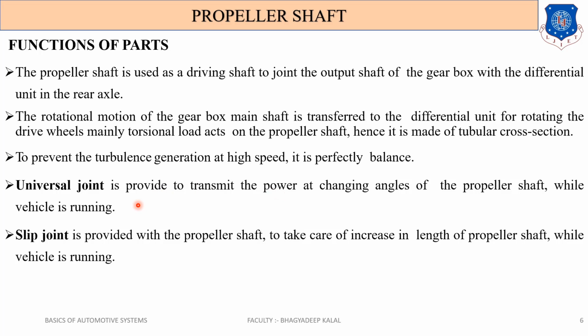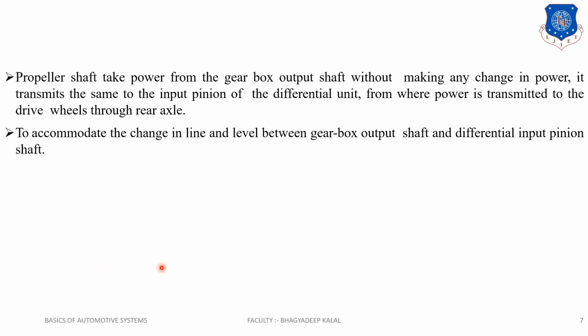Next is the slip joint. The slip joint is provided with the propeller shaft to take care of changes in the length of the propeller shaft while the vehicle is running. The propeller shaft takes power from the gearbox output shaft without making any changes in the power.